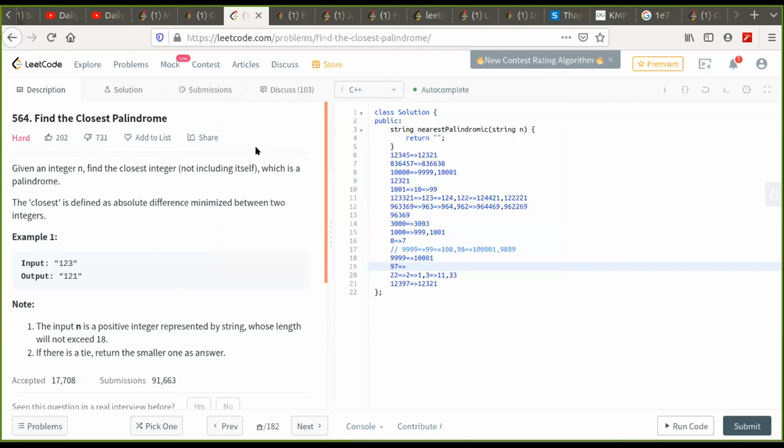We could have thought about mirroring the right part, meaning the least significant digits towards the left versus towards the right. But we chose to mirror the left significant part because that will make our delta smaller. That's a very nice way of thinking.